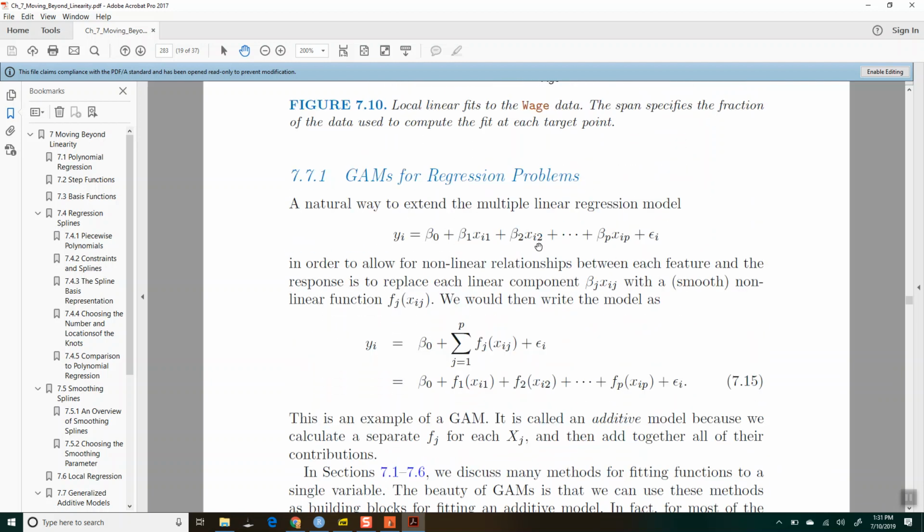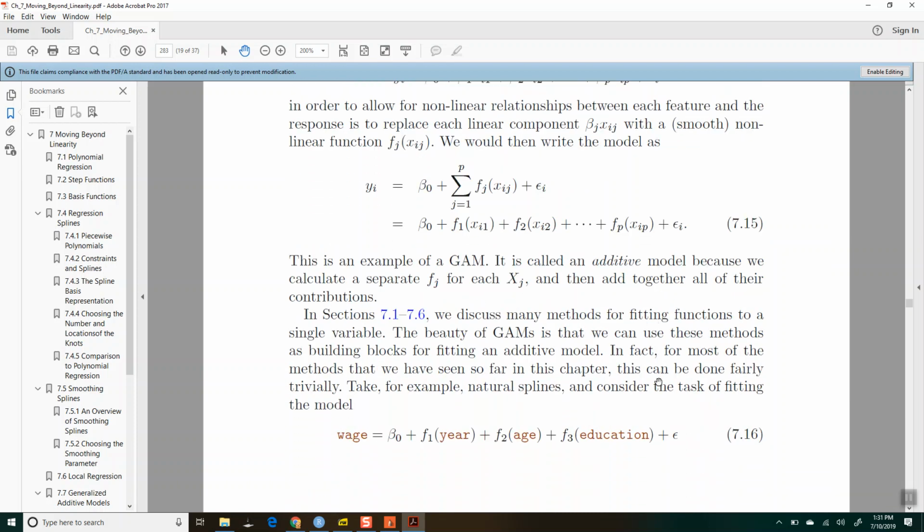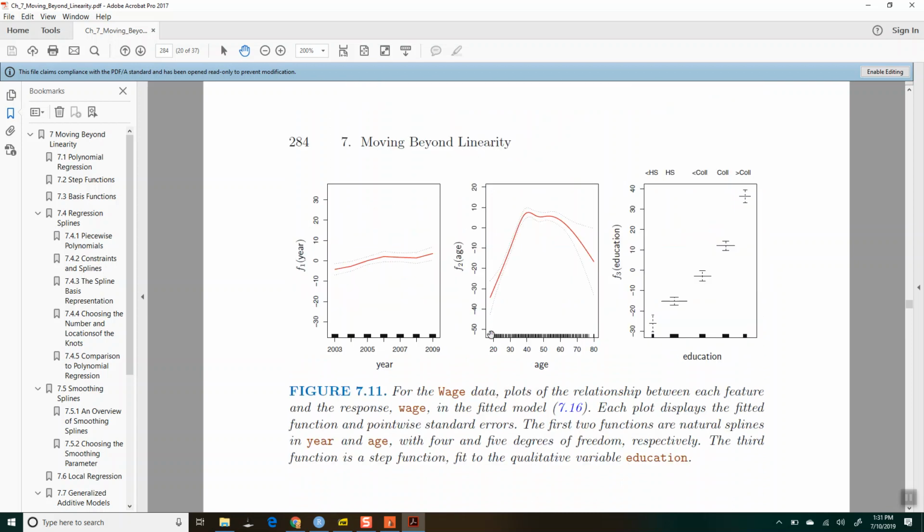So rather than doing this, we're using some arbitrary functions that are not necessarily linear. We're doing some kind of smoothed out function here, and these are the functions that we have on year and the functions that we have on age.